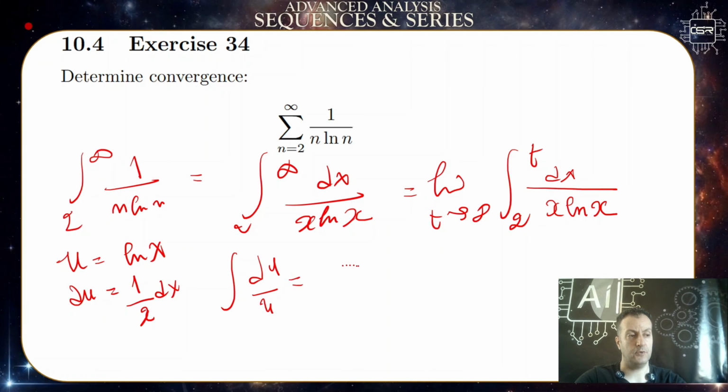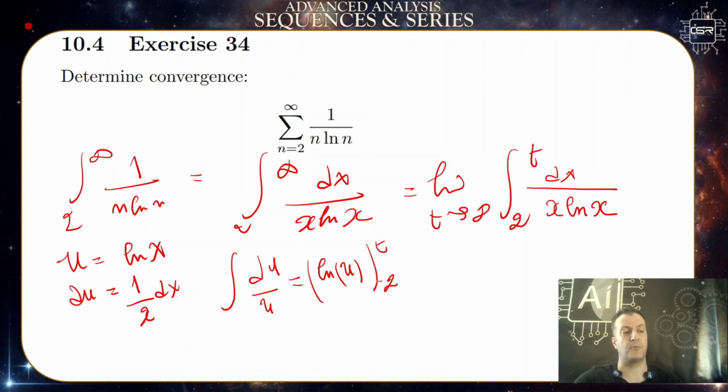which is equal to ln u between the bounds presented here, but we need to retrieve back the value of ln u, right? So u is ln x. Therefore, it is equal to ln of ln x between 2 and t, in the limit as t approaches infinity.